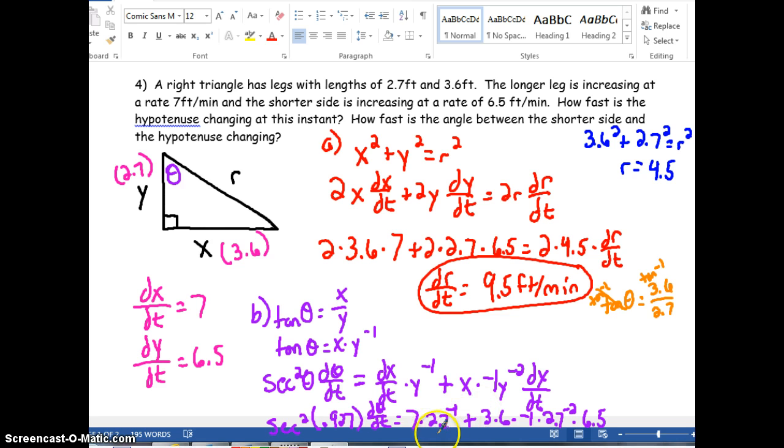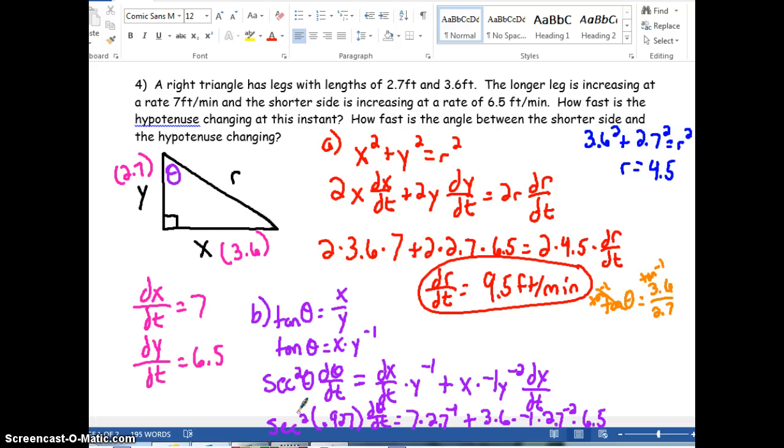When you simplify this all out, I would do the right side first, get that on my calculator, and then multiply that by cosine squared. Remember, when you have secant squared, you really want to take the right side and divide by secant squared. But since there's no secant button on the calculator, you have to do this a little bit differently. We multiply by cosine squared, because secant squared is 1 over cosine squared.